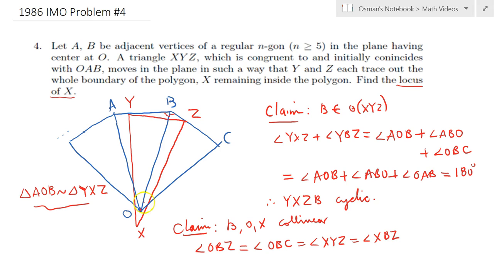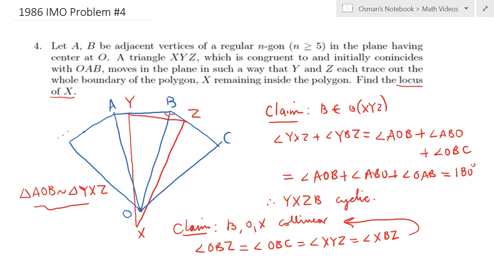So we have just showed that OBZ and XBZ are the same angle, and because the line segment BZ is the same, this gives us the desired result, showing that B, O, and X are actually collinear points.